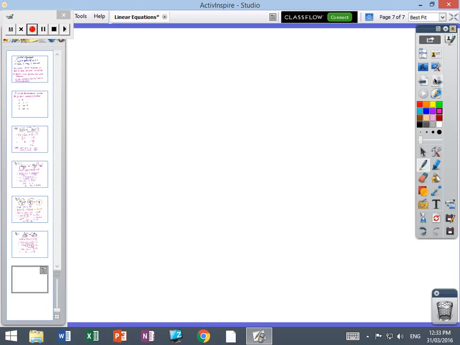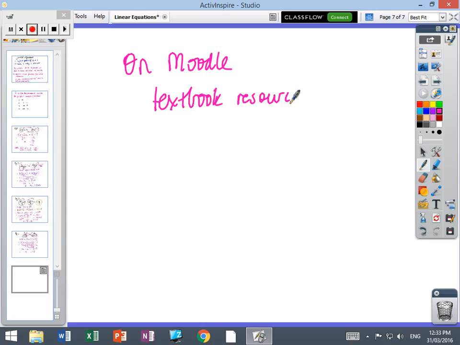So on Moodle, okay, there's the textbook resource at the top, plus I've put an extra practice sheet. If you just do those, make sure you practice the harder ones with the fractions. They're going to be the killers, but after that, that's all we need to do.